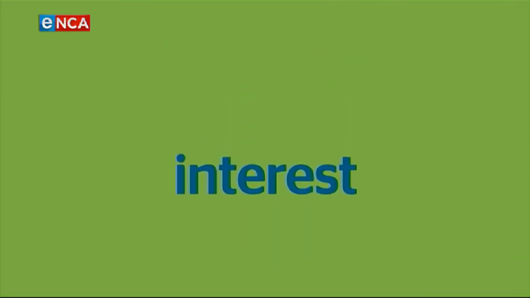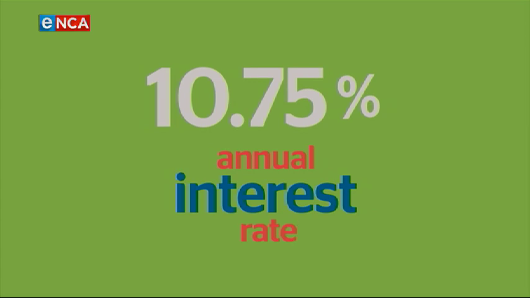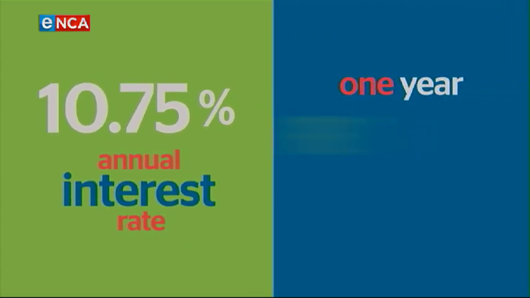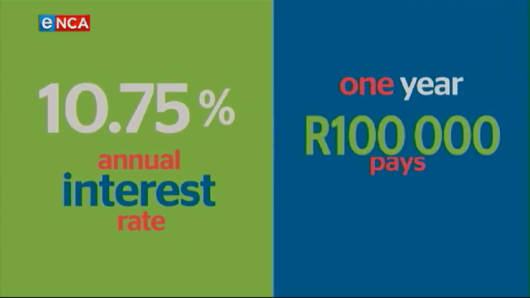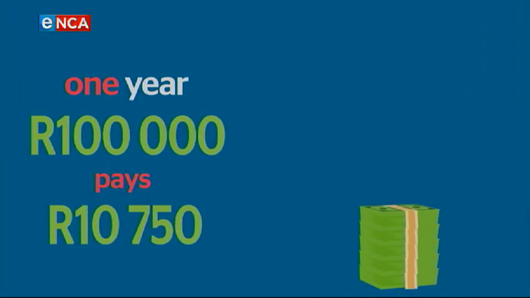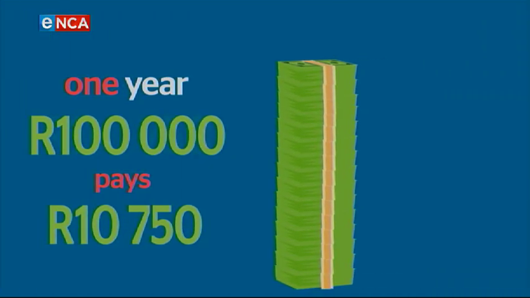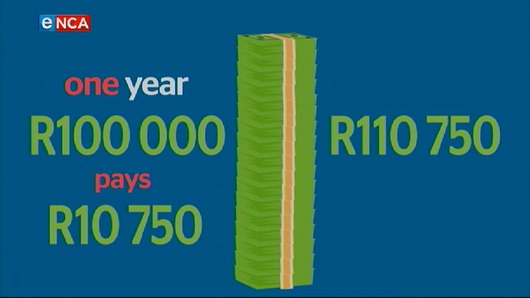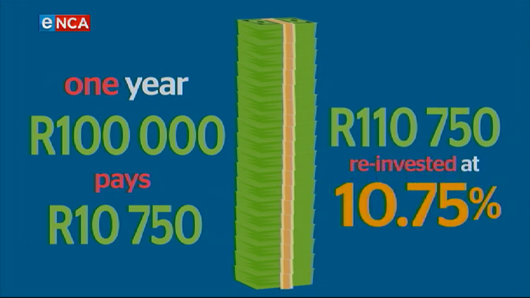The 10.75% annual interest rate means in 1 year, a 100,000 Rand investment would pay 10,750 Rand. But if you reinvested it, the balance grows to 110,750 Rand. And the 10.75% is applied to this new higher balance.